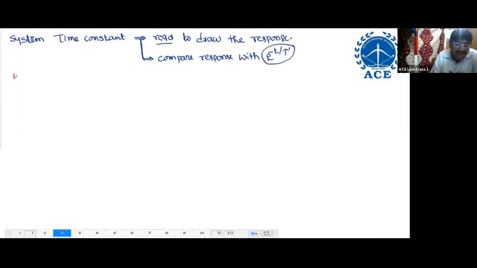While finding the system, you can say approximate. Why? Exact means you have to consider poles and zeros.